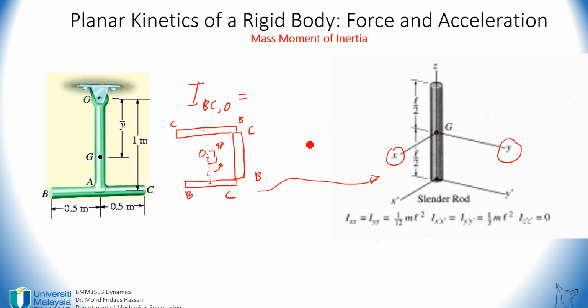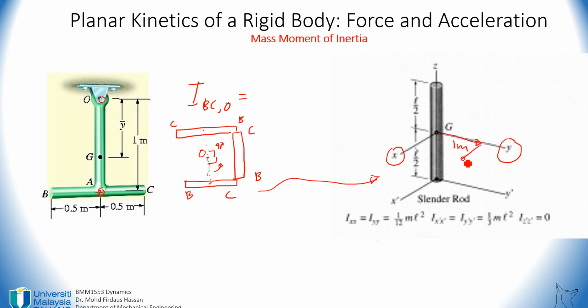Now we have to use the parallel axis theorem, where point A is shifted from the middle to somewhere else, where the distance from the middle to point O is about 1 meter. So instead of this being the axis of rotation, it is shifted 1 meter.